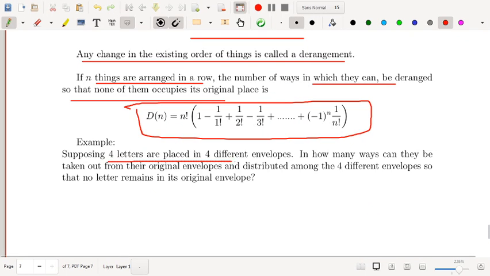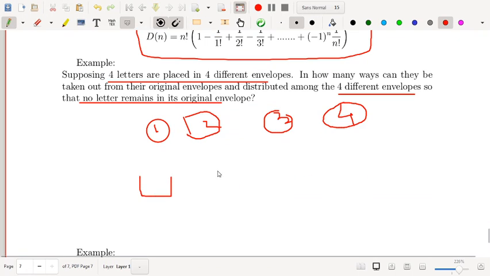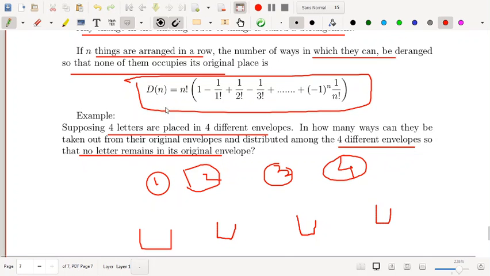Suppose there are 4 letters and 4 different envelopes. In how many ways can the 4 different letters be placed so that none is in its original envelope? So there are 4 letters, 1 2 3 4, and 4 envelopes, and no letter goes to its original envelope. So you will apply this.